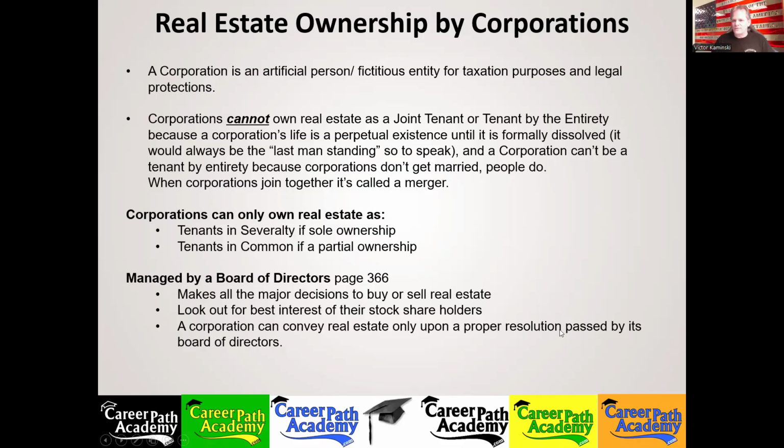What's the job of the board of directors? It's to look out for the best interest, or it's supposed to be to look out for the best interest of their investors. We see a lot of corporations in recent years getting into a lot of social and political nonsense, and they were making a lot of decisions that risk their investors' money.